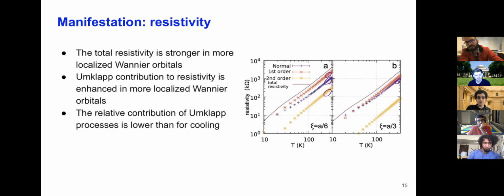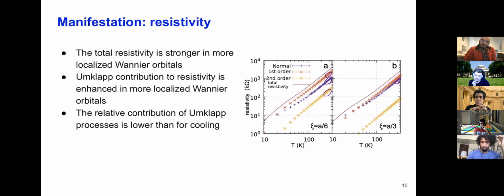And the reason for it is easy to understand: the enhancement comes from Umklapps, and in cooling, Umklapps contribute stronger, because Umklapp phonons have large energy, but the same momentum as the normal counterpart.